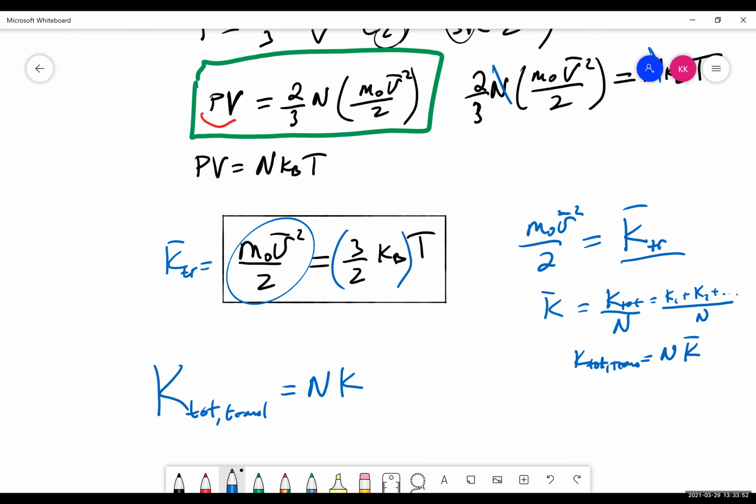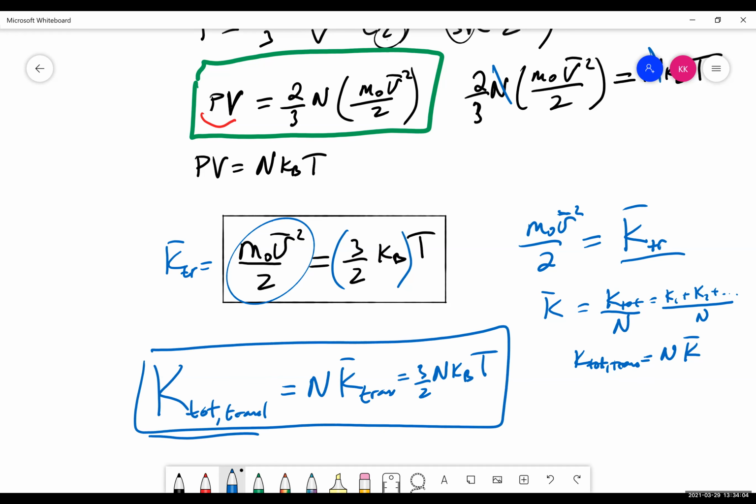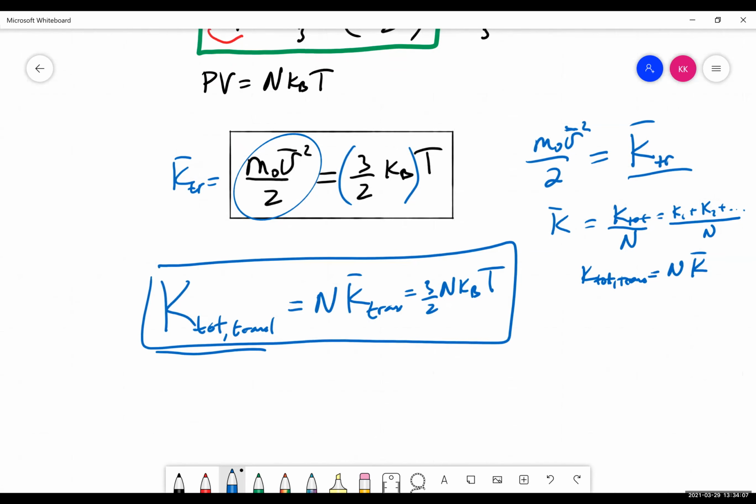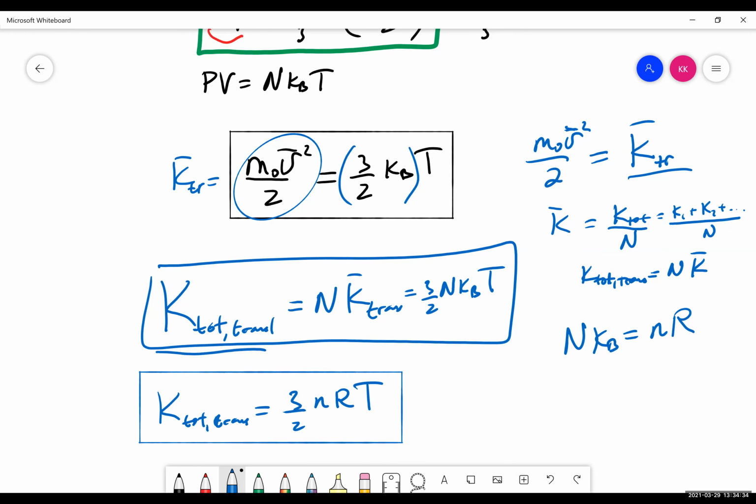N times the average kinetic energy is the total translational kinetic energy, which is 3/2 N k_B T. Now, since N times k_B is also equal to n times R, the total translational kinetic energy can also be written as 3/2 n R T. So these are two ways we can write the total translational kinetic energy.